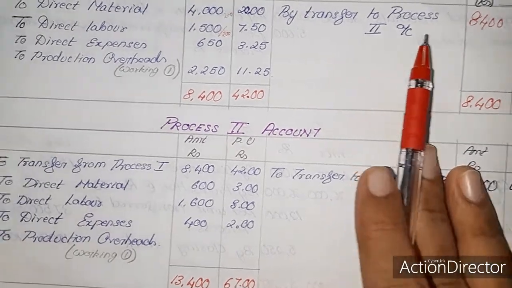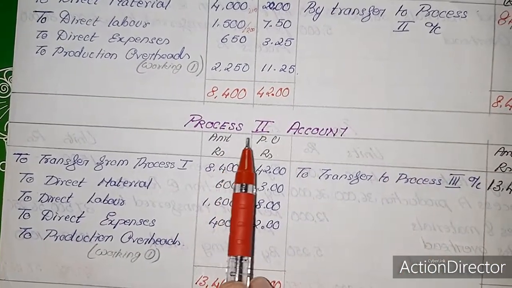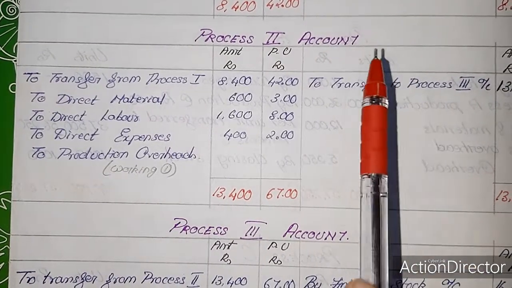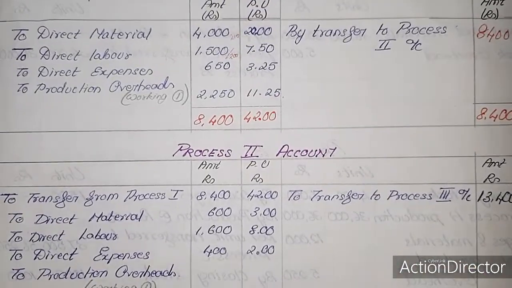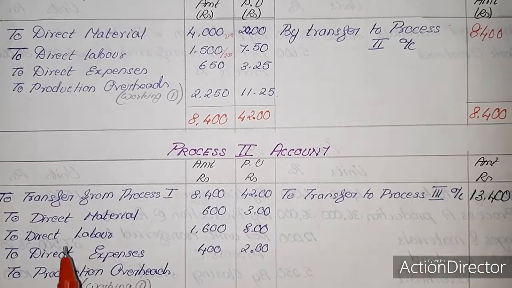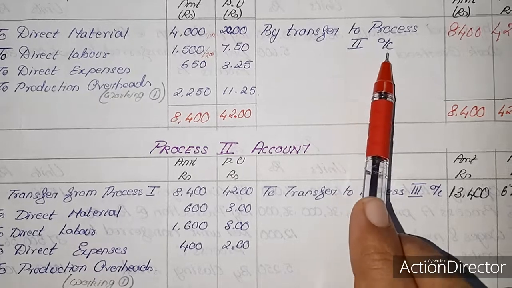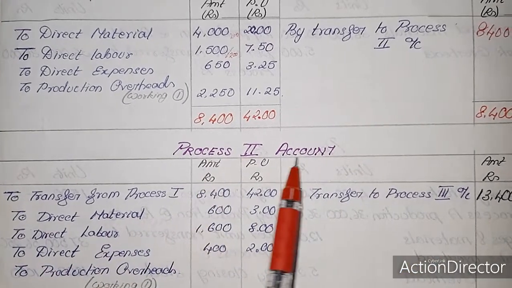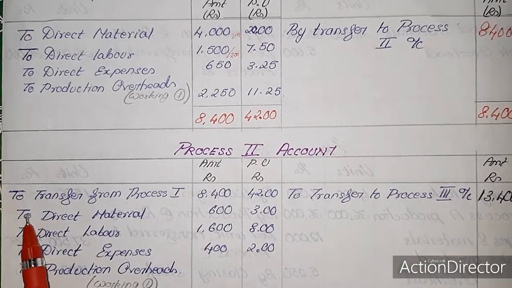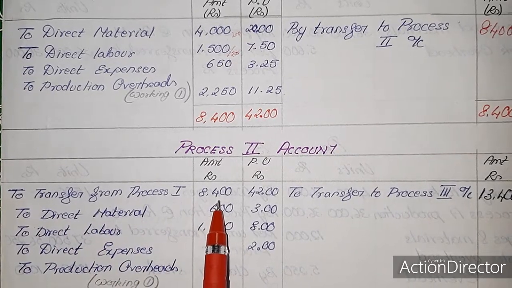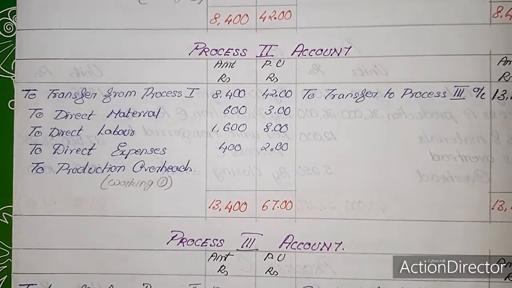This is transferred to my second process, that is process 2. So first I am writing the transferred value from process 1. Here I am writing by transfer to process 2 account, and in process 2 account I will be writing it as to transfer from process 1, 8,400, 42.00.